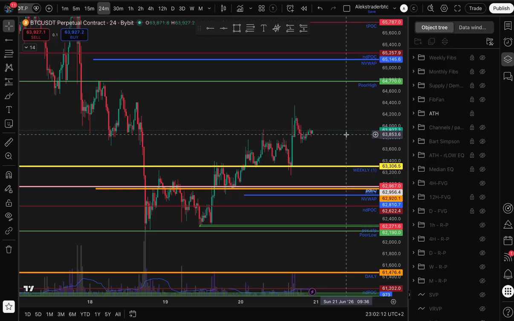I love to use a combination of partials and moving stop loss when the market isn't in my favor. For example, I'm longing potentially a slow bleed and we don't see any major market structure shift.